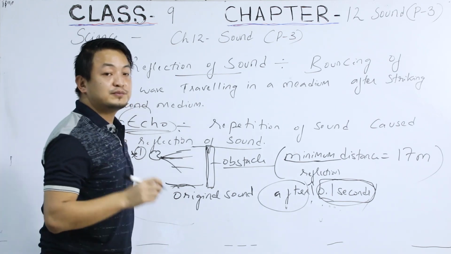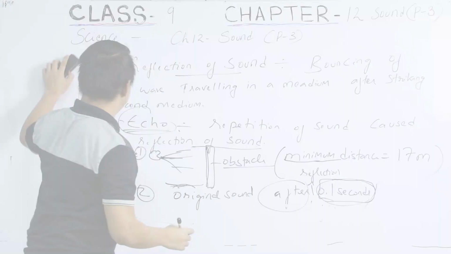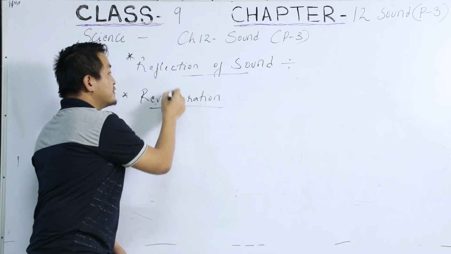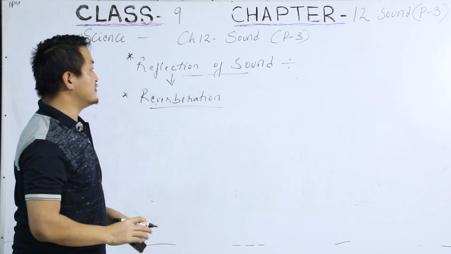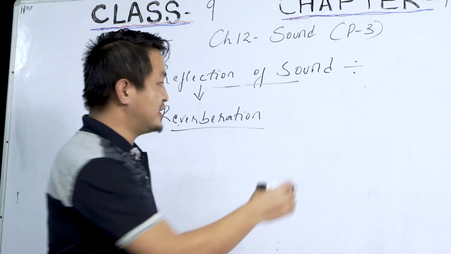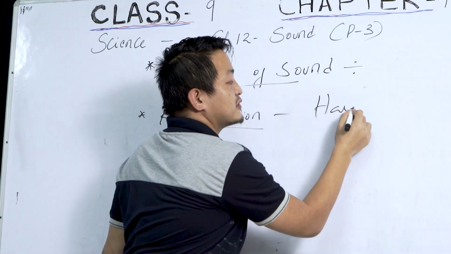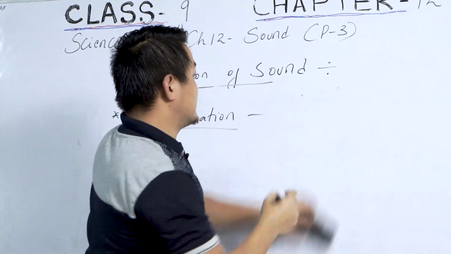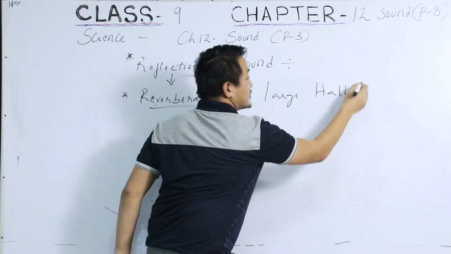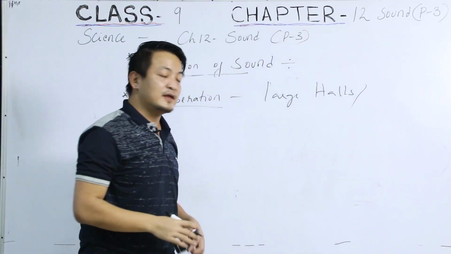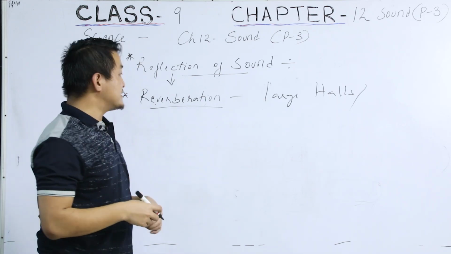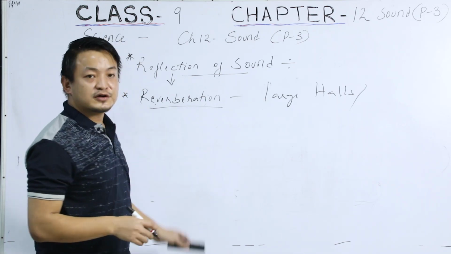Now the next point is reverberation. This is also under reflection of sound. Reverberation is, say, in a large hall or a big empty room, you get to hear many reflections of sound. That is known as reverberation.